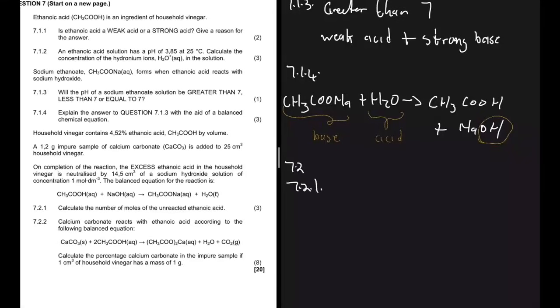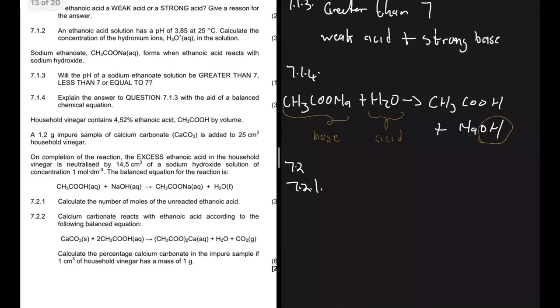So we have 7.2.1 saying calculate the number of moles of the unreacted ethanoic acid. So it is said that the excess ethanoic acid is neutralized by sodium hydroxide, right? So we're gonna have NaOH. This NaOH neutralizes the ethanoic acid.